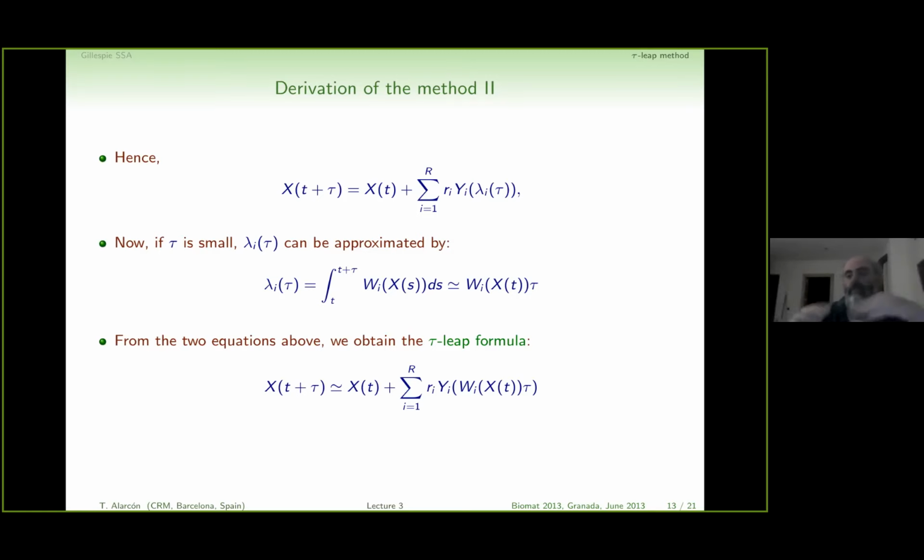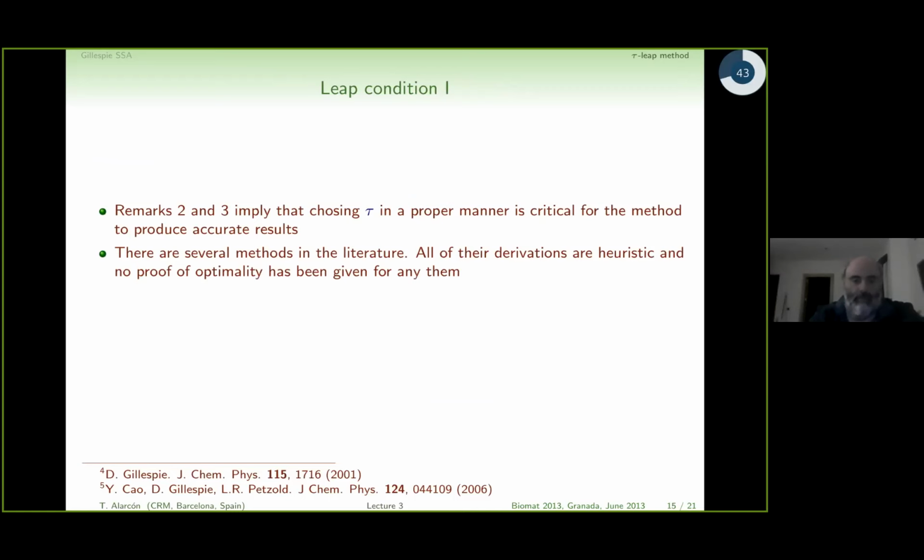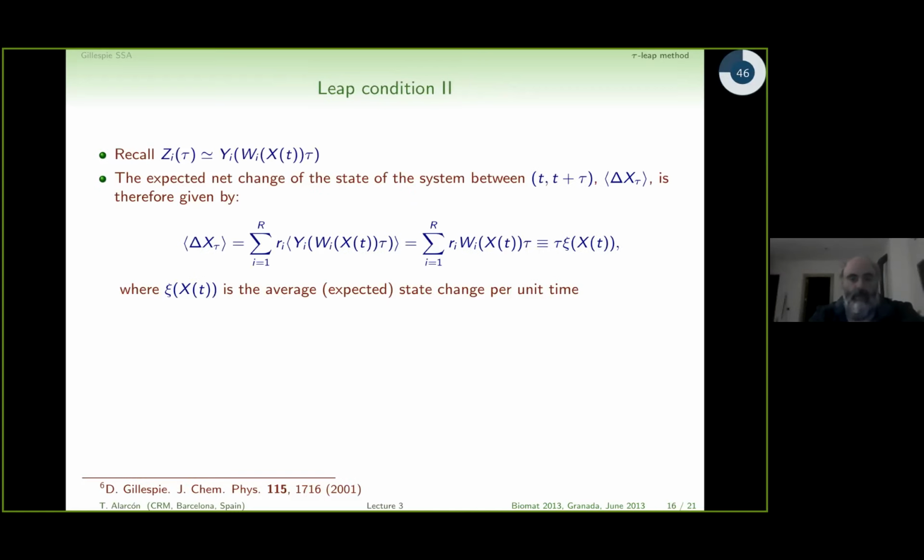We need to control the change, otherwise this approximation is not going to be good. So we need to control both the change in the state variable, in the value of the stochastic process, and also check that the w_i quantities do not explode. So this is what we are going to do.